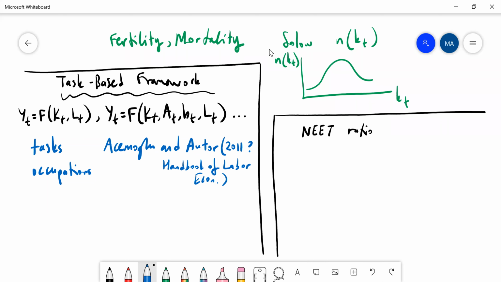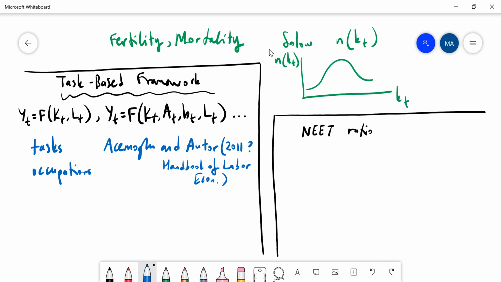So the idea is this: there are different tasks and different occupations, and a member of an occupation will have, depending on his or her education, different productivity levels for different tasks. So let's think about this in a very simple model.